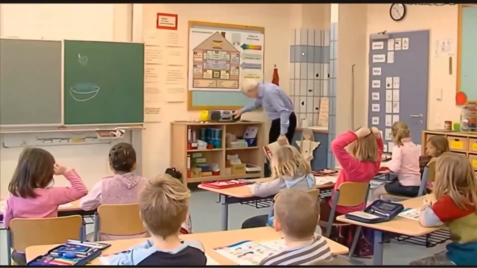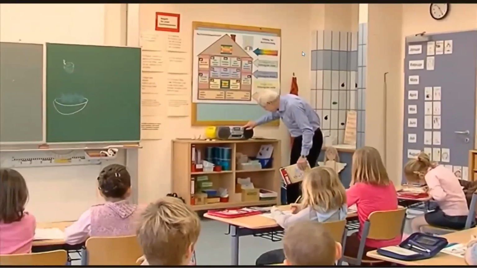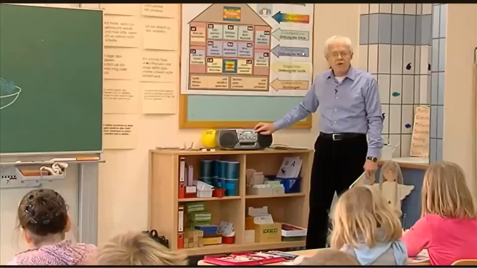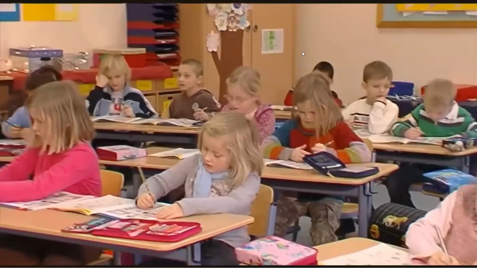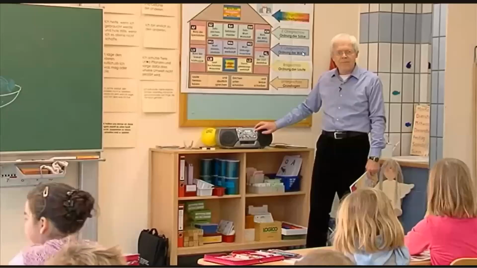Very good. Okay, you listen to the CD and you write the numbers. Here we go. Say hello to your mom. Hello. It's 1. 2. You're hungry. The children listen to the sentences from the CD.